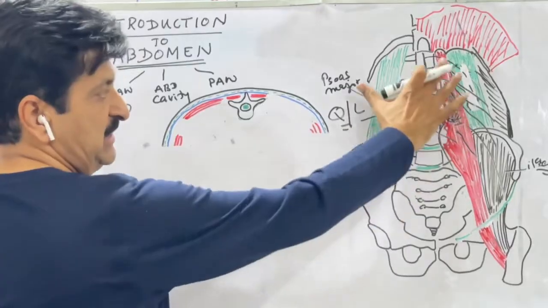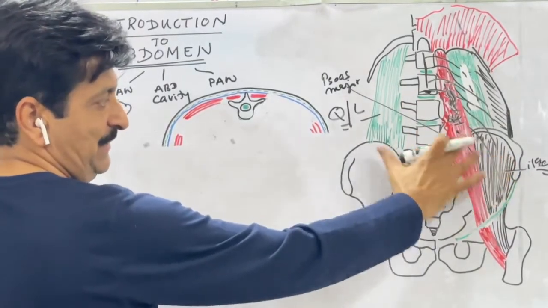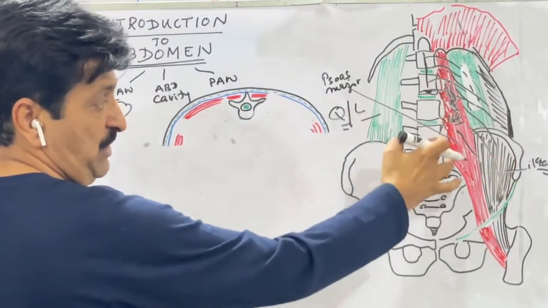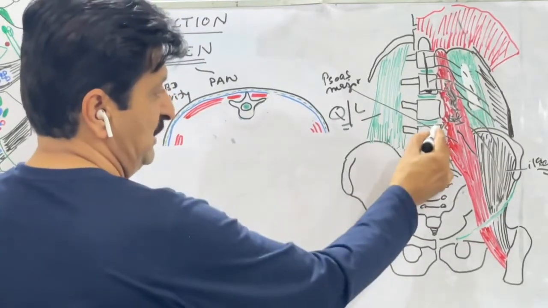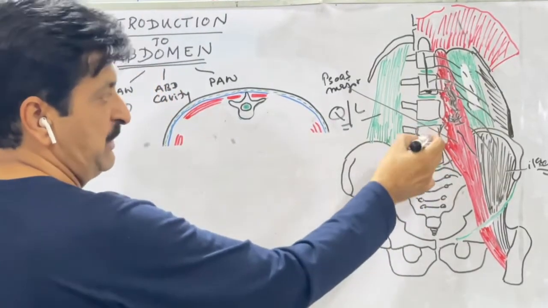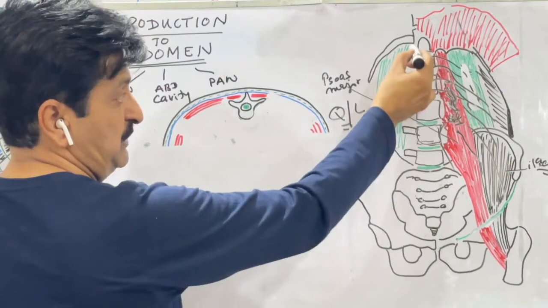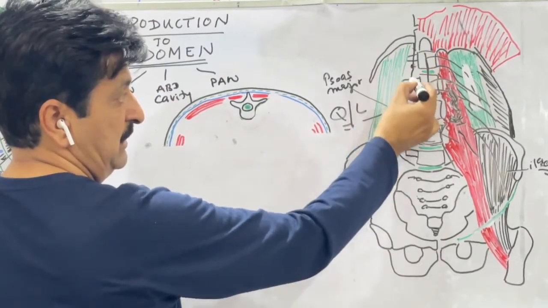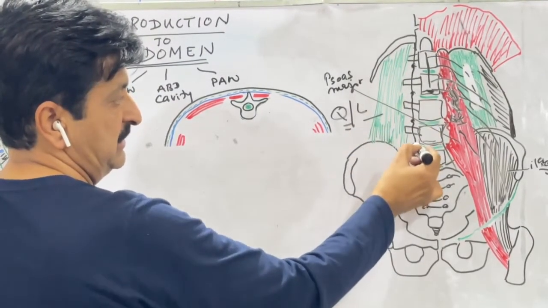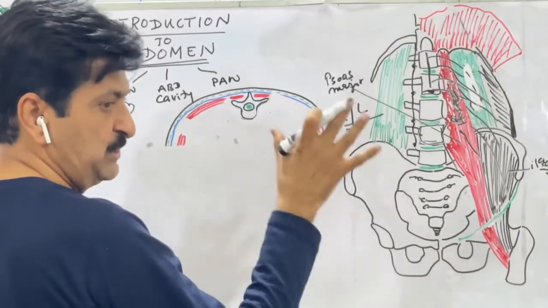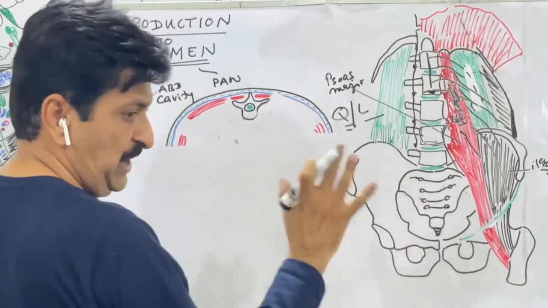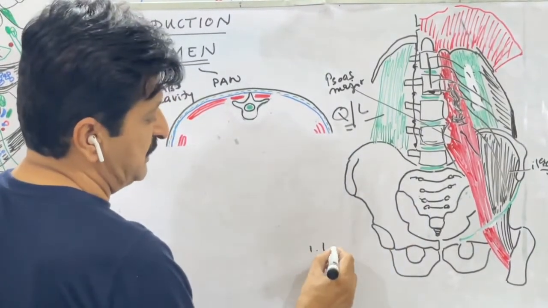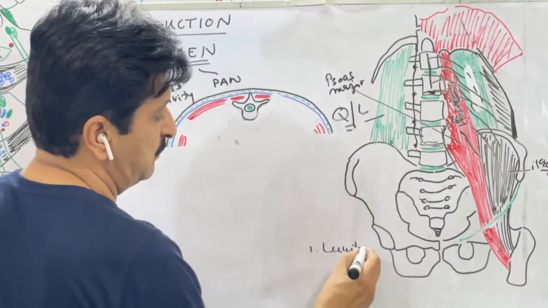Your muscles are there, this is your posterior abdominal wall, and in between you have a vertebra, so one vertebra you have to discuss. Means in the posterior abdominal wall, on the 2 sides of the vertebral column we have the sympathetic chain. So in the posterior abdominal wall, when you're looking at the muscles, you have to discuss the lumbar vertebra, at least one lumbar vertebra.